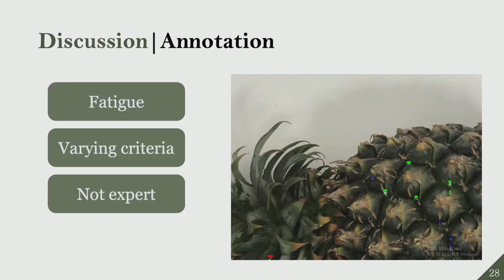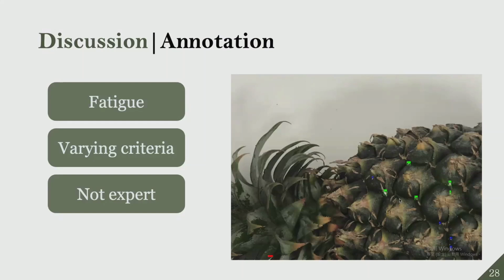Also, every person has their own criteria, so they might make different decisions in similar situations. So the model has a hard time learning from inconsistent annotation.